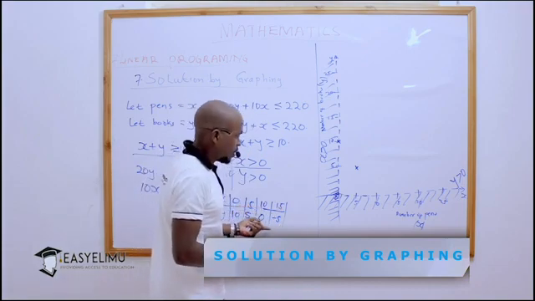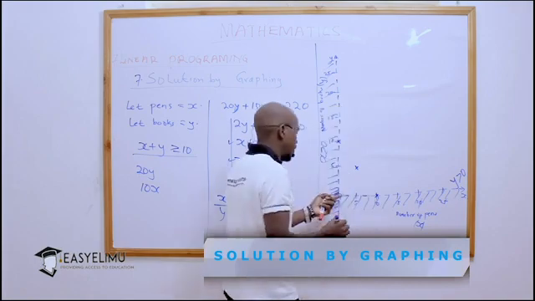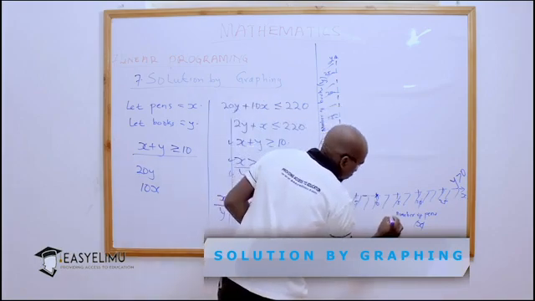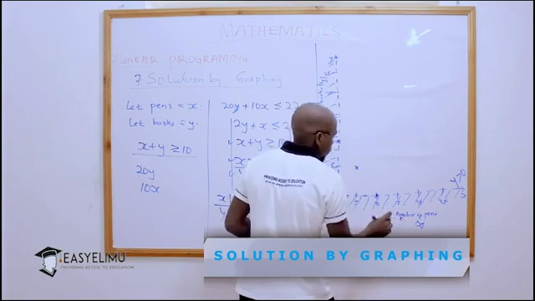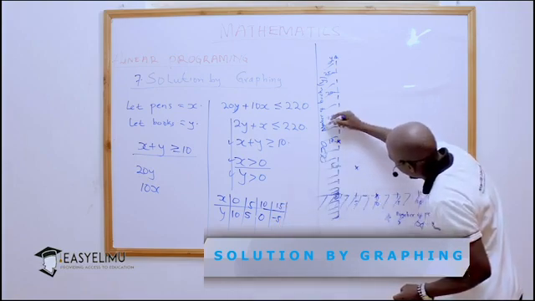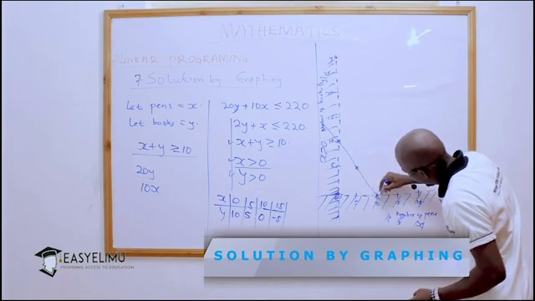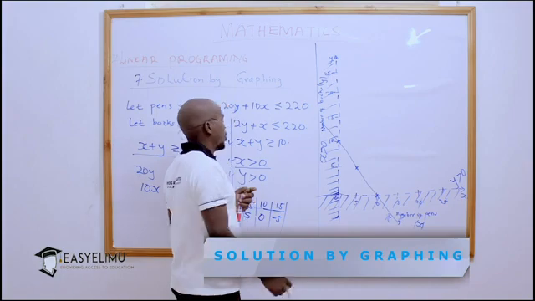And then 10, 0. If this one is 10, then it will be here, 0. And so on. If we had plotted downward, you will find it will be somewhere here. So meaning we have a straight line, a straight line passing through those points.